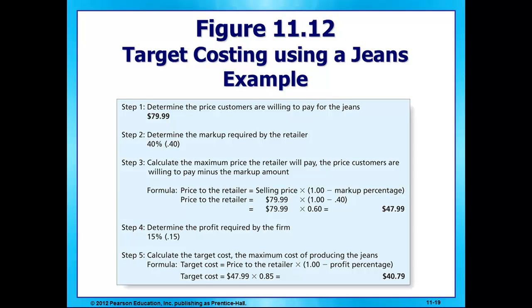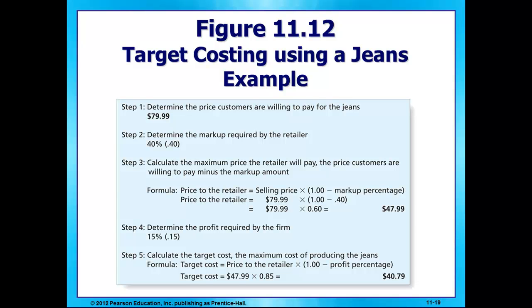Then what we do in target costing as a pricing analyst is we work backwards through the channel. And because marketing takes a customer-oriented perspective, these margins are not based on the cost from the upstream member, but they're based on the actual dollars that the retailer earns from the sales of the customer. So we're going to go demand backwards pricing.